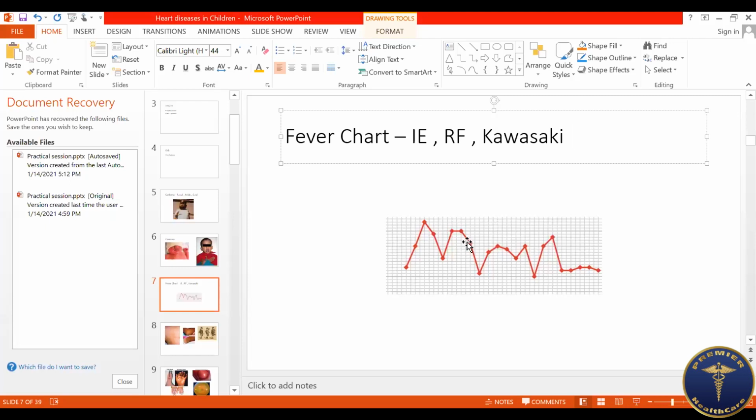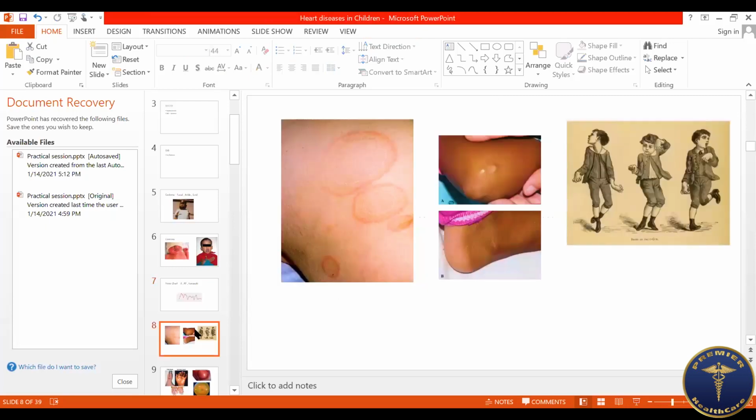Now look at this. What is this? Now these are the manifestations of rheumatic fever. This is called Erythema Marginatum.